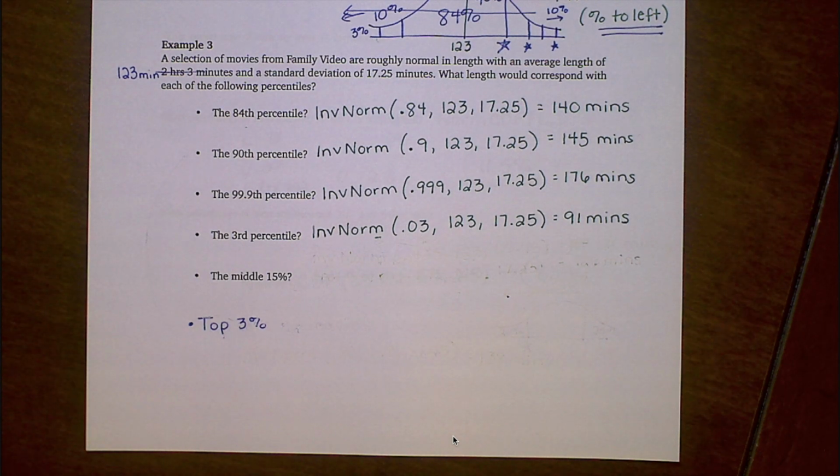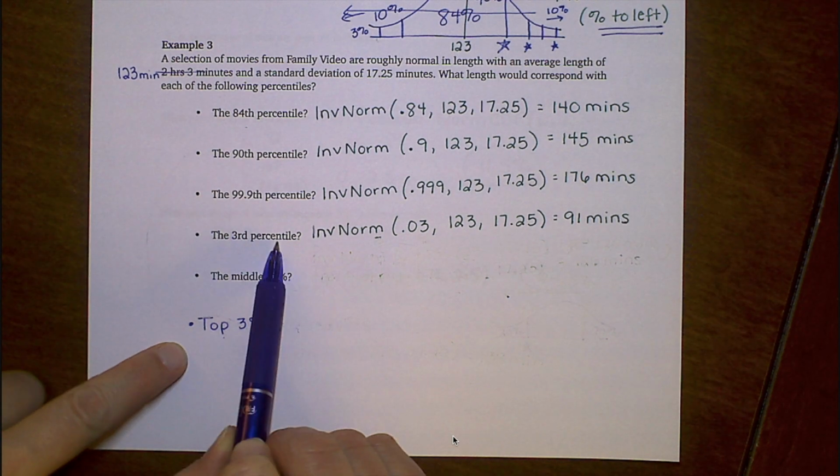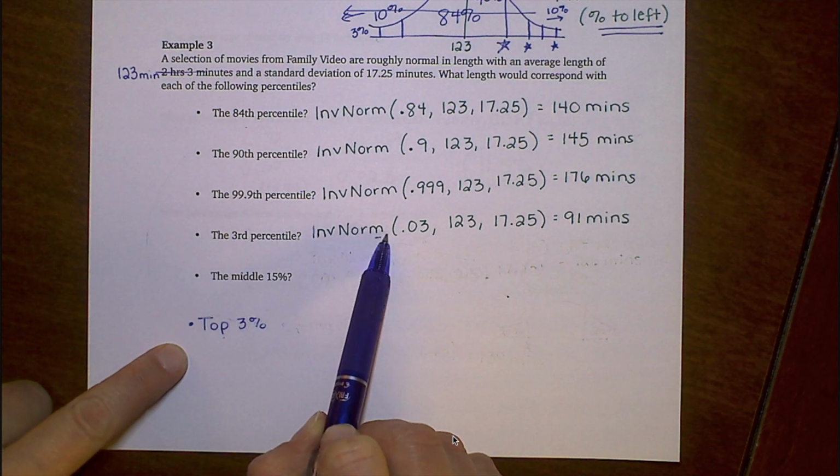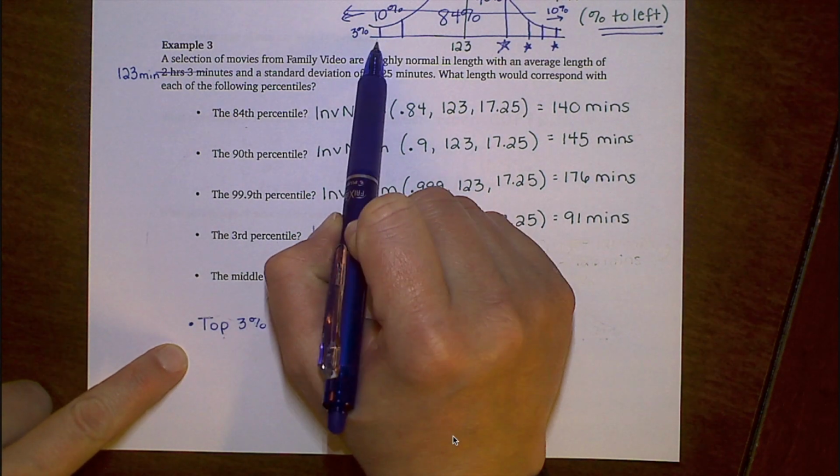The big mistake that I see people make is they type it in as a 0.03. But let's keep in mind, we typed in a 0.03 here for our third percentile, and that was way down here.